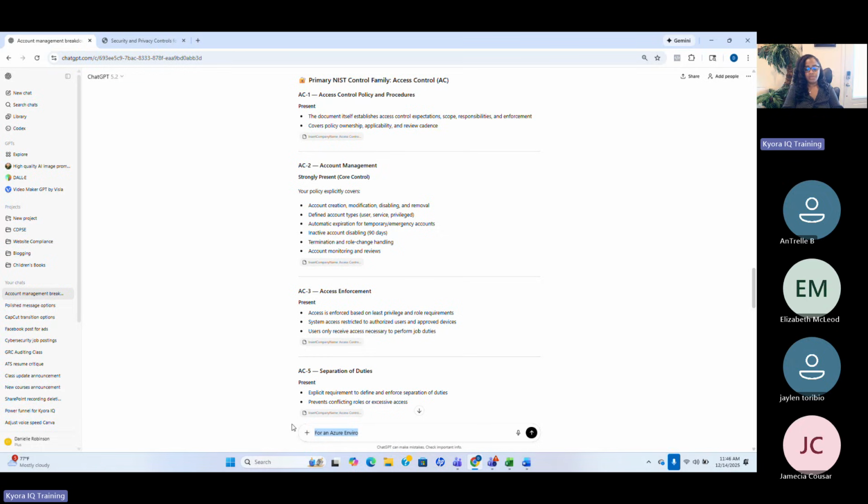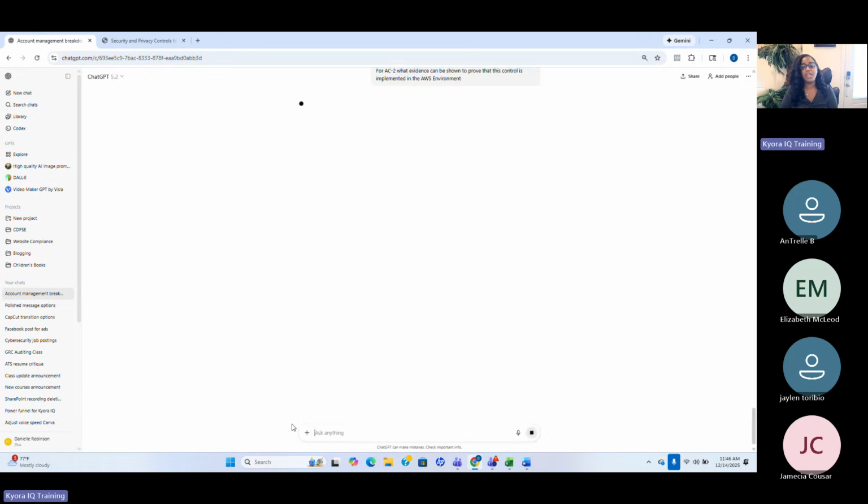So this is, let me show you. Okay, so for AC-2, what evidence can be shown to prove that this control is implemented in the AWS environment?